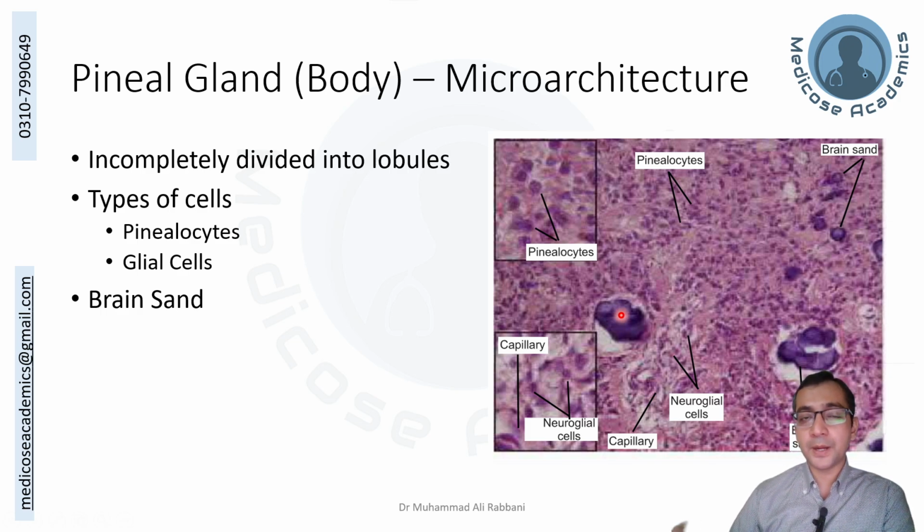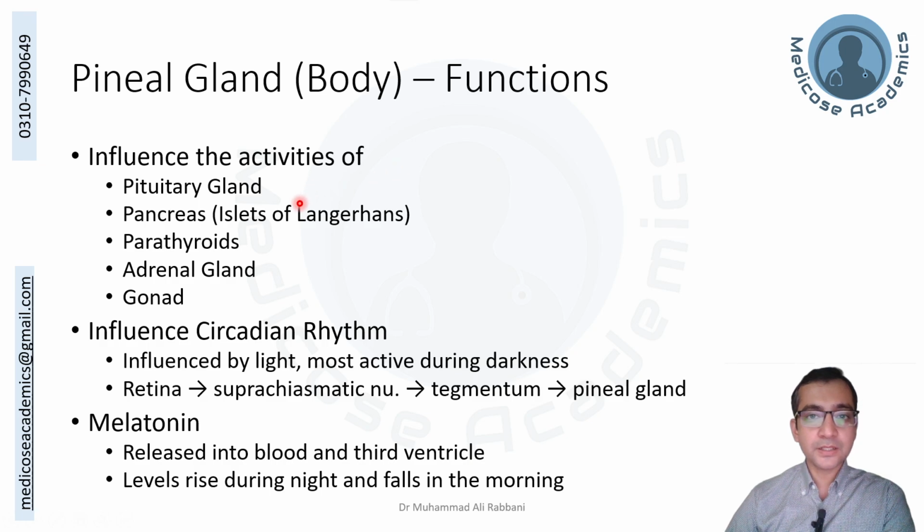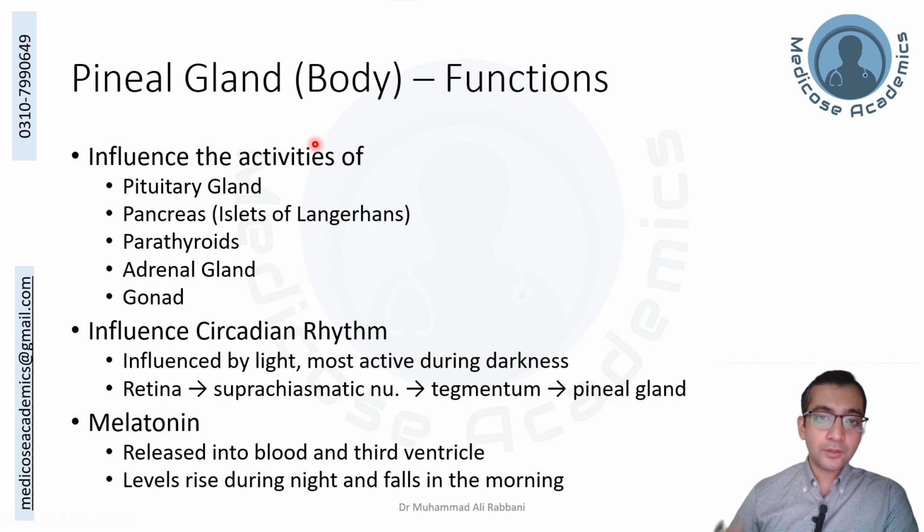That is a helpful landmark for figuring out the midline of the brain. These structures influence a variety of organs including the pituitary gland, pancreas, parathyroid, adrenal, gonads, and by influencing these structures, they maintain the circadian rhythm.